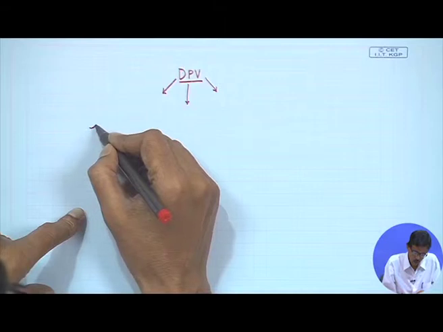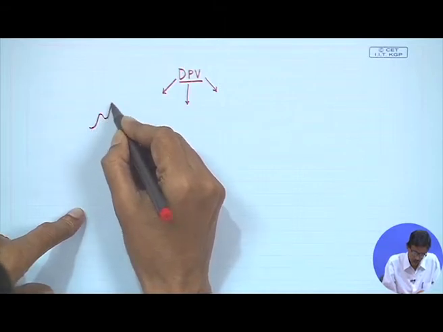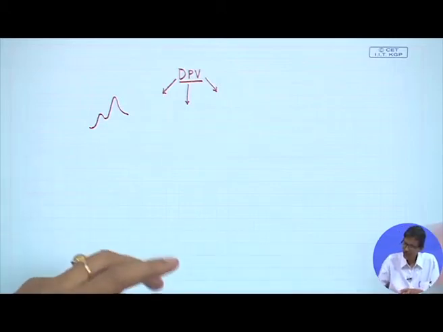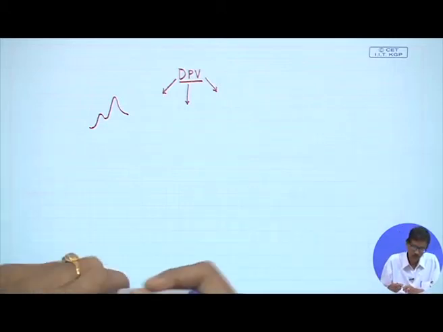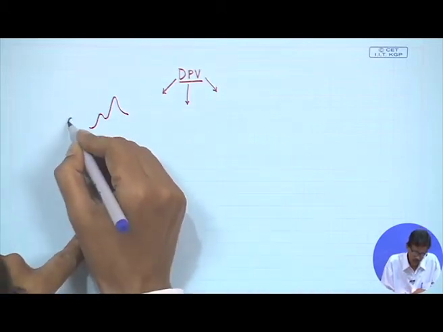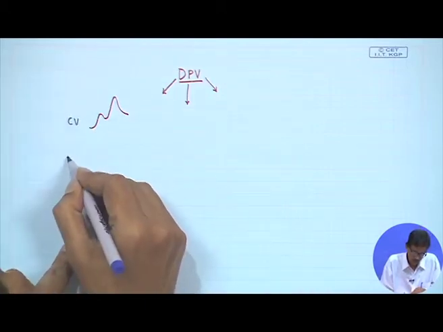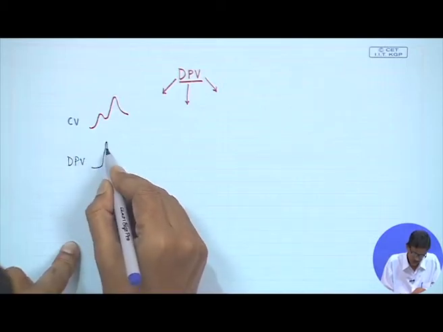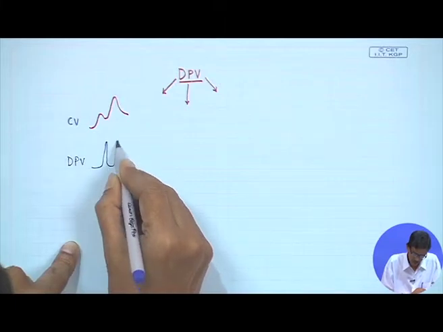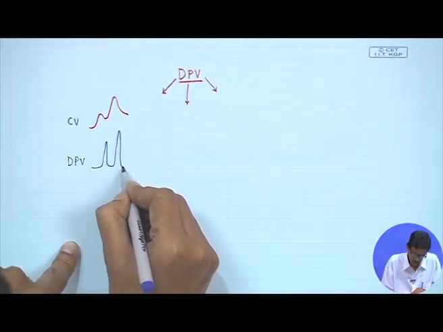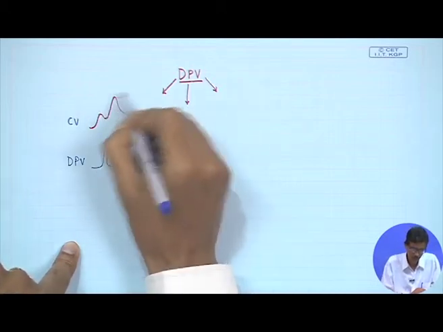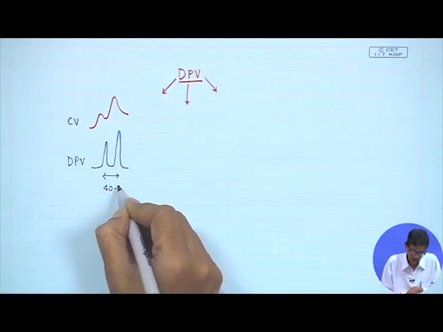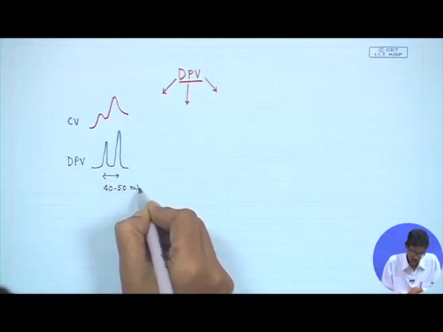If we have these two plots in cyclic voltammetry, DPV will give you, from the baseline, very sharp and prominent peaks for these two electron transfer reactions, even though the separation is simply 40 to 50 millivolt.